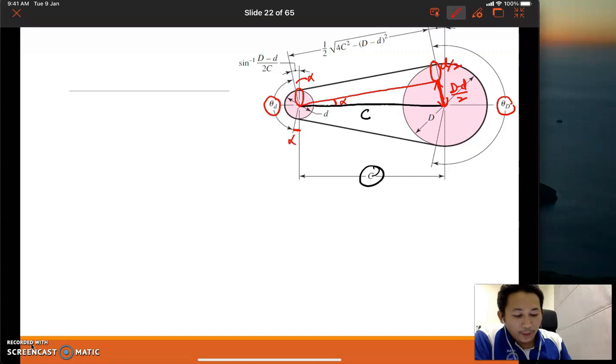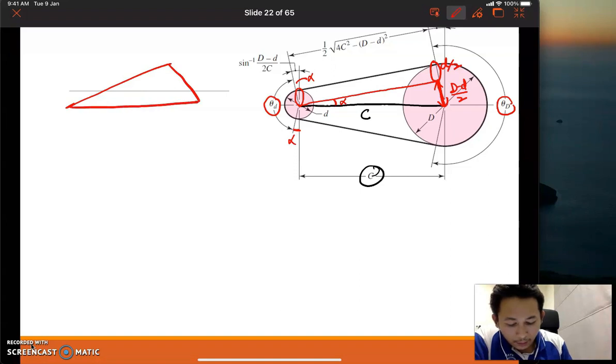From that we have our triangle: this is C, this is alpha, we call this one A, and here we have D minus d over 2.